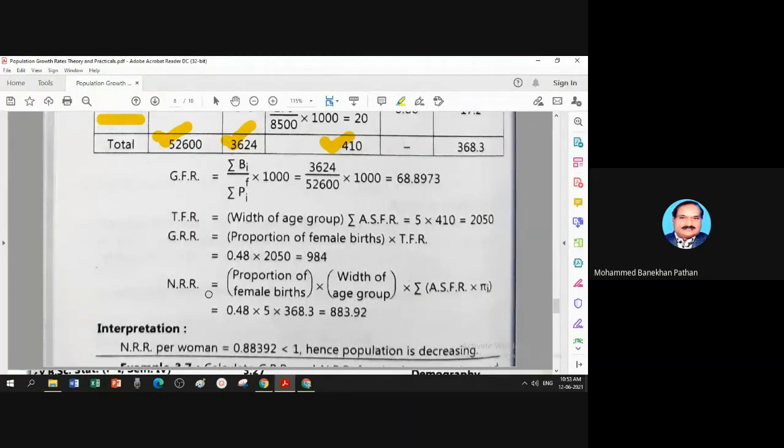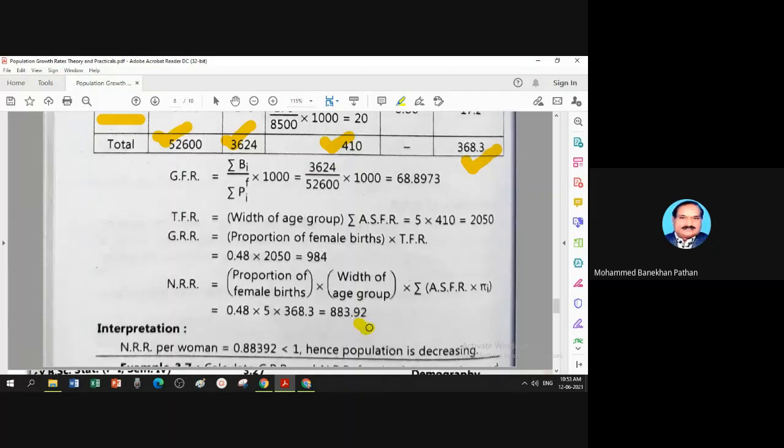NRR: proportion of female birth, width of age group, summation of ASFR into survival factor, this total. Multiply by 5, multiply by proportion. So finally you get NRR 883.92.